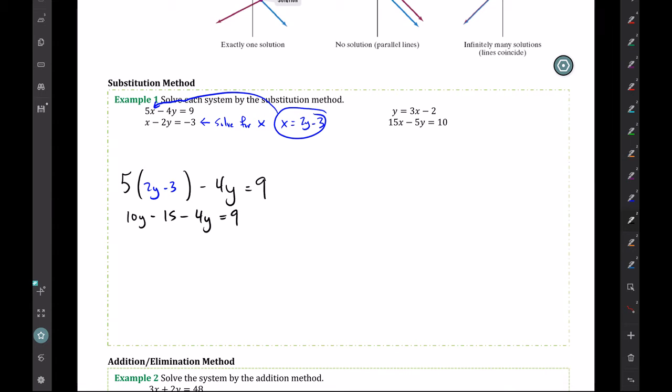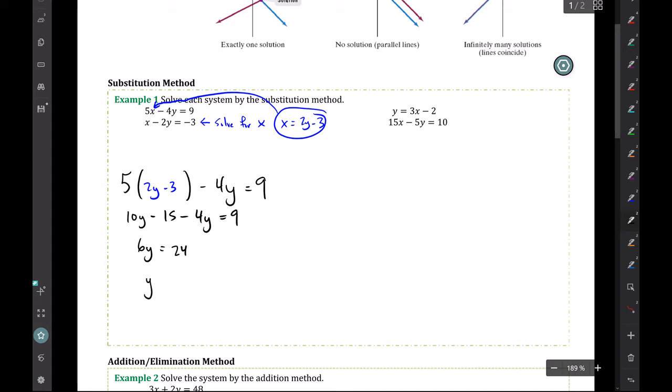I group the y's together and get 6y, then add 15 to both sides. So 6y equals 24, and y is equal to 4, sorry.